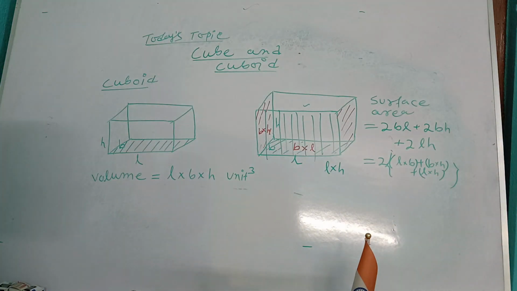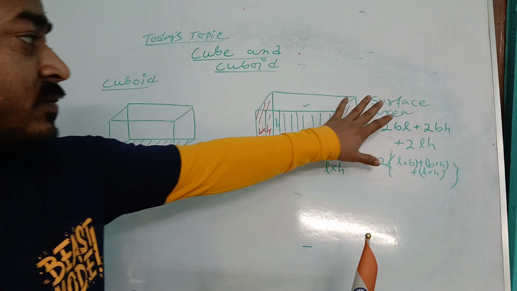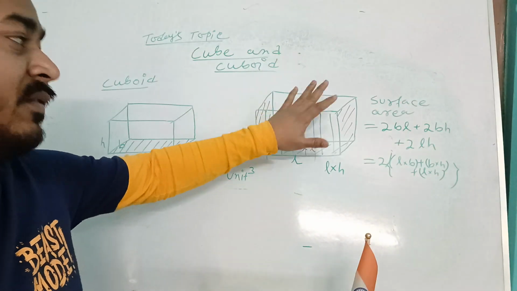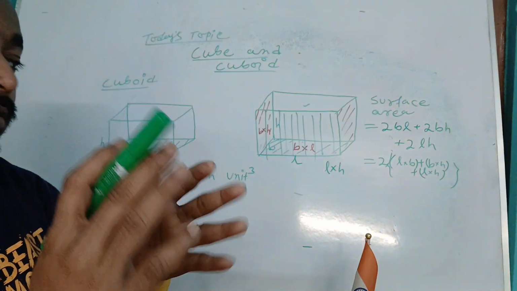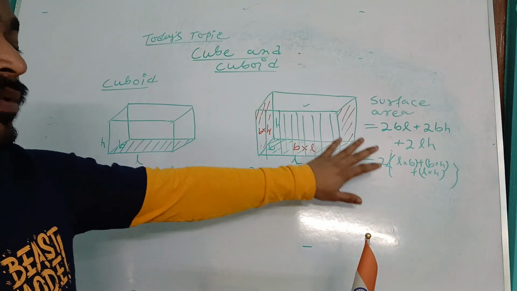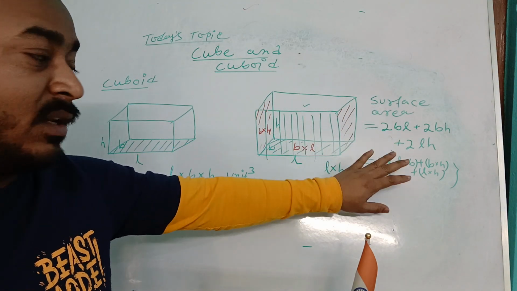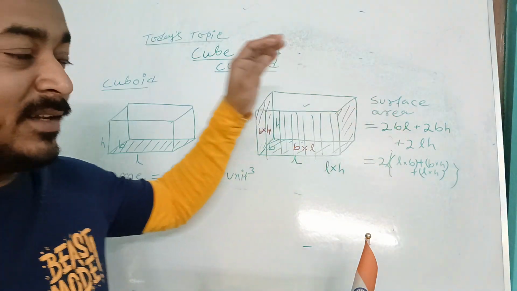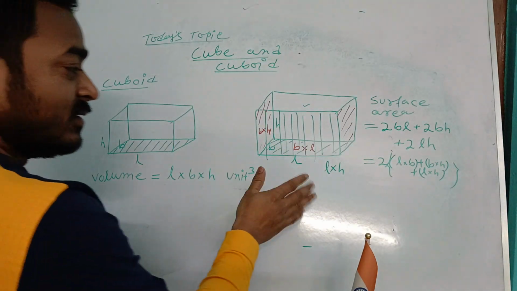So this is the total surface area. Total means this is a cuboid and all the faces, a total of 6 faces, are given. So this is the total surface area.